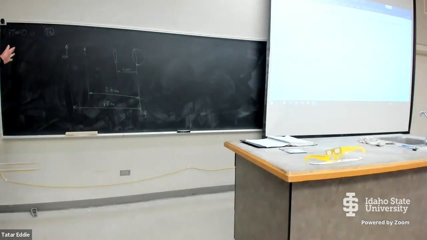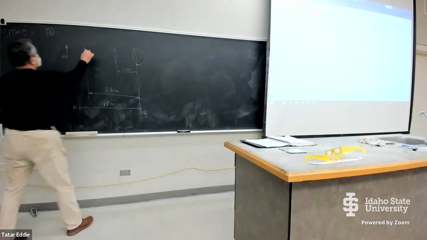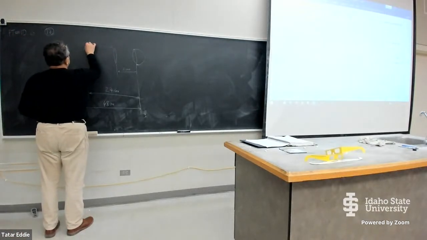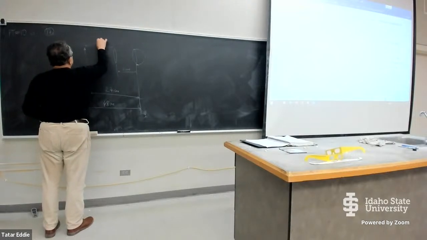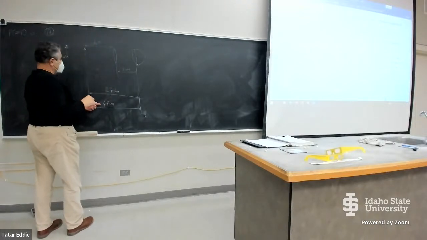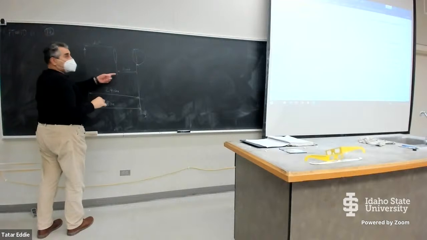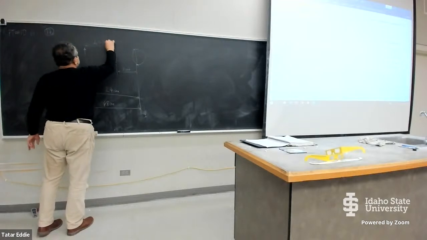Now, looking at this diagram, you determine that the distance between the object and the lens of the eyeglasses, which we call DO, is 48 minus 2, 46 centimeters.